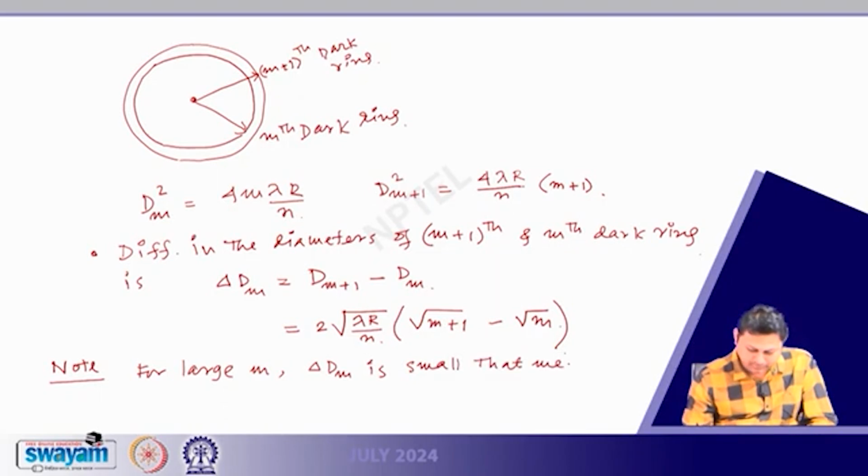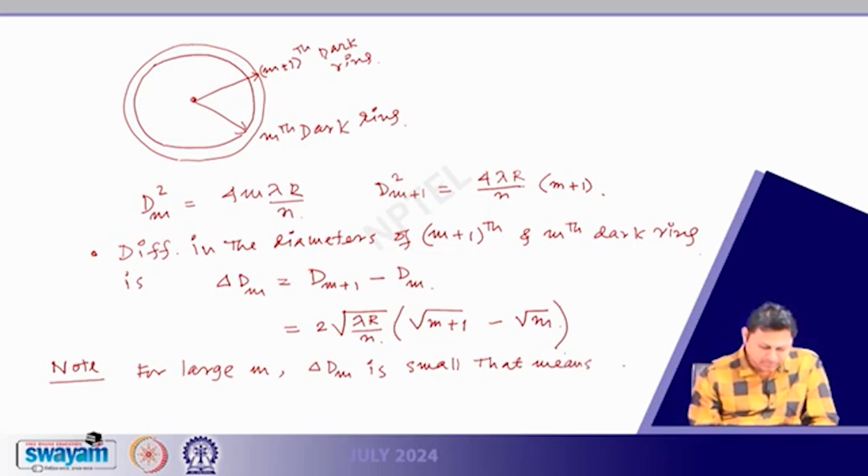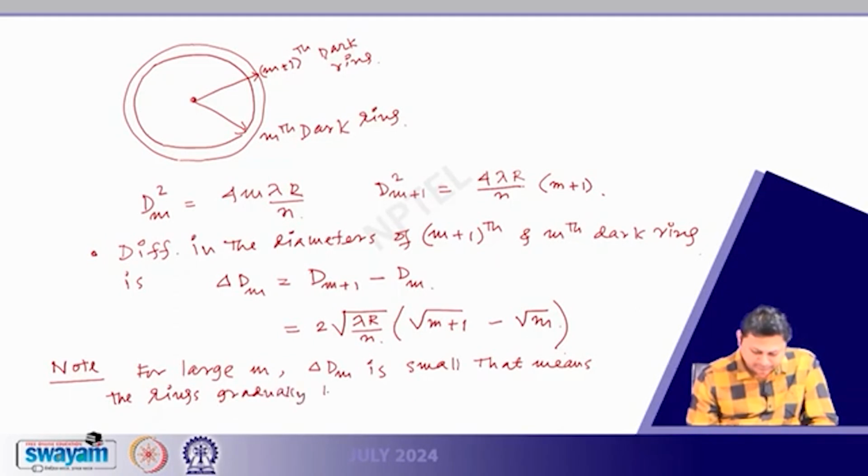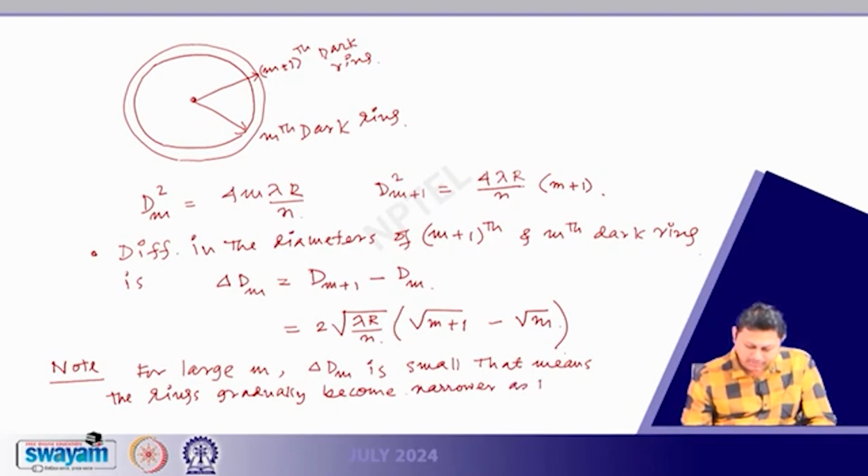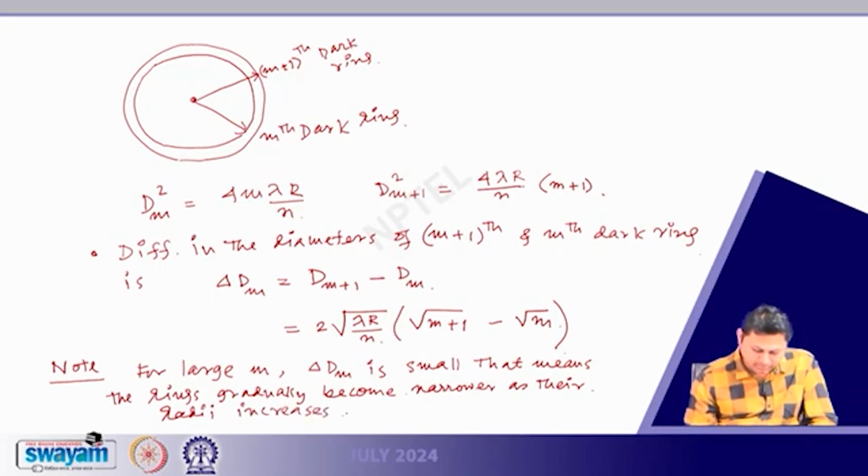That means the rings gradually become narrower as their radii increase.